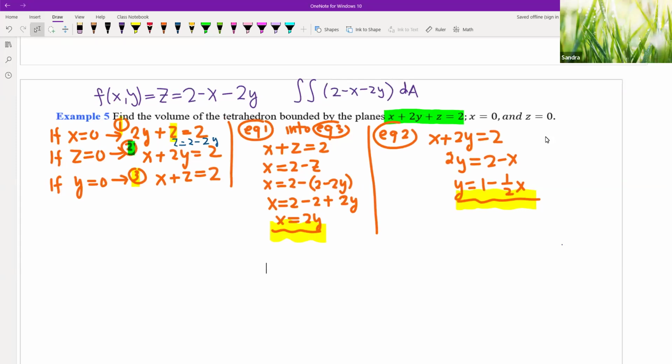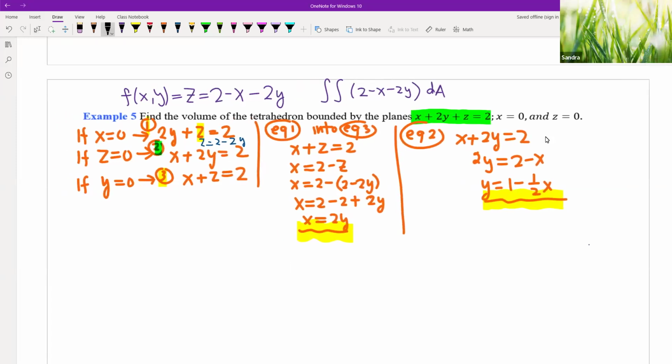Okay, so now we have the necessary equations. The equations are x equals 2y and y equals 1 minus 1 half x. All right, so go ahead and graph them and find the point of intersection.